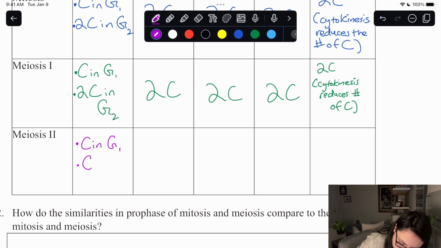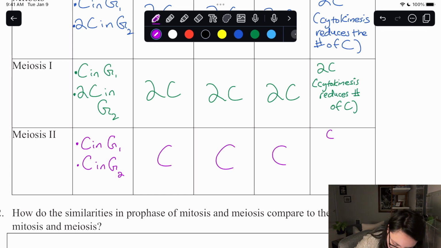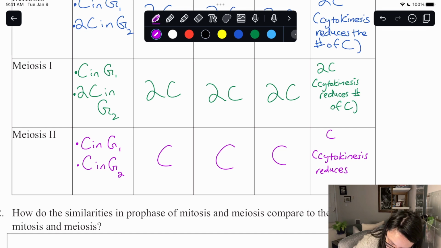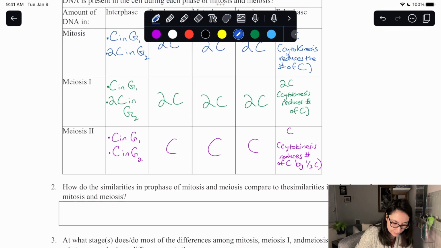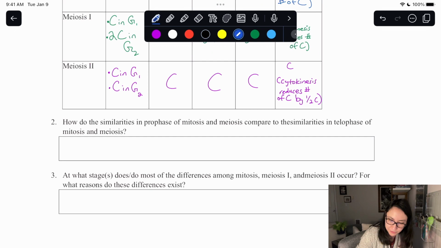It's just C in G2. And then you have just 1C, 1C, 1C, 1C, because cytokinesis reduces the amount of C by half C. Okay. And then I believe these are the last two questions, y'all.